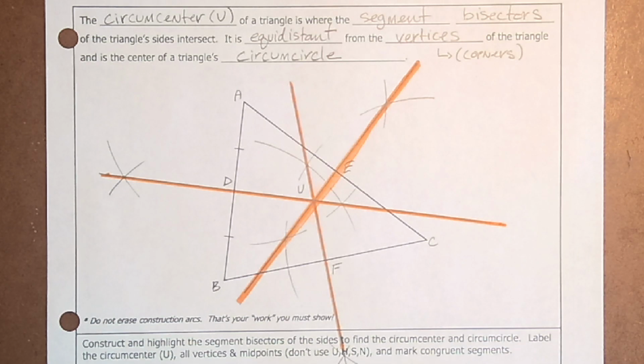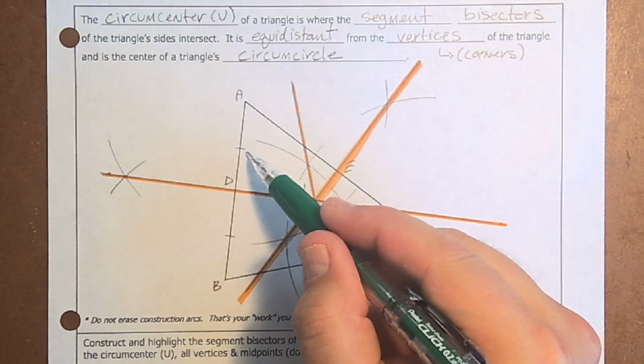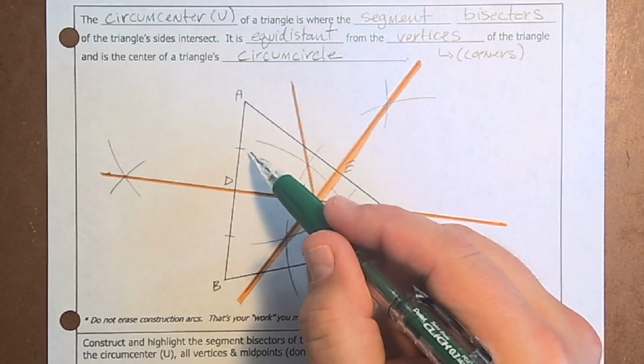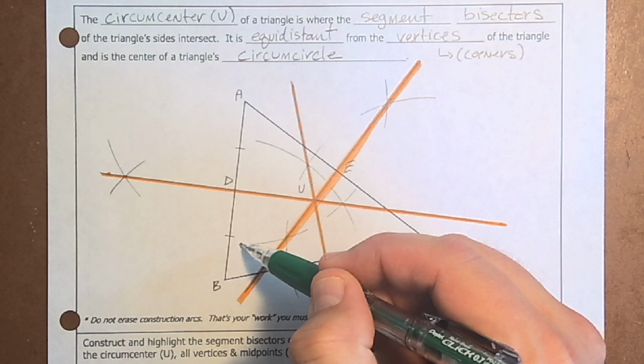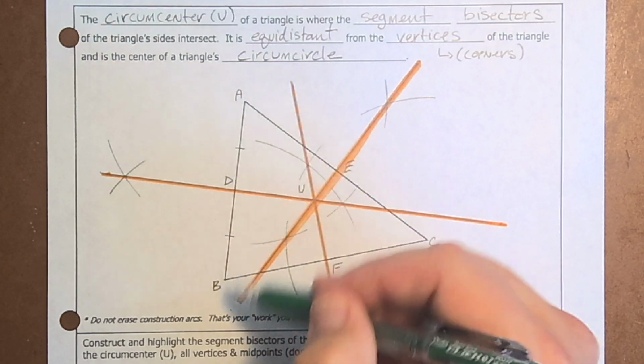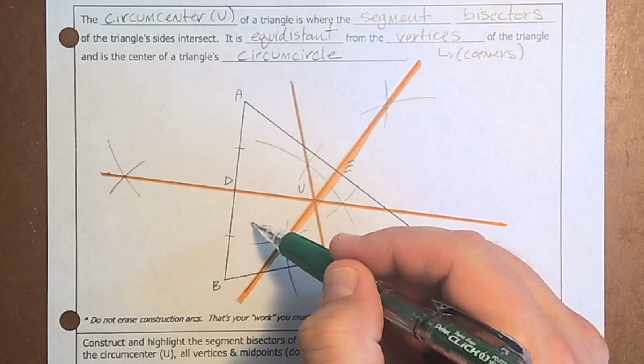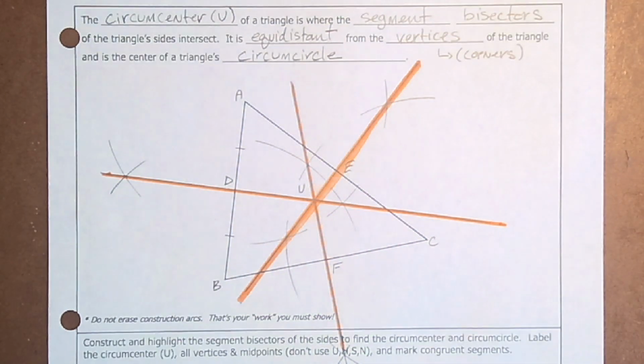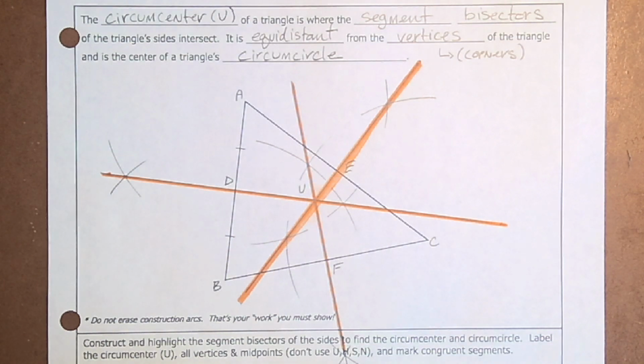Why can I put congruence marks between A and D and B? Because you bisected them. Because I bisected AB, and D is the what? The midpoint. All right.